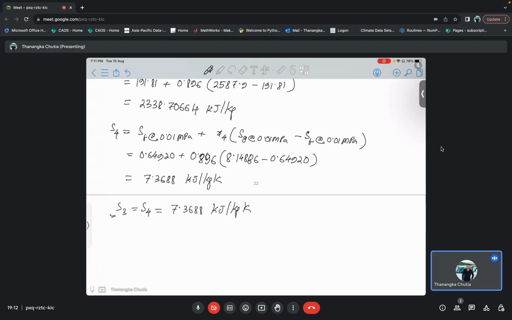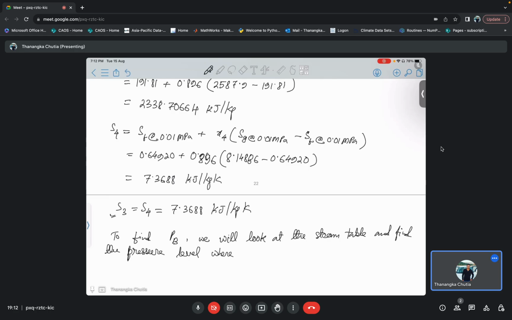In order to find the intermediate pressure PB, we will look at the steam table and find the pressure level where my S is equal to S3 and my T is equal to T3.